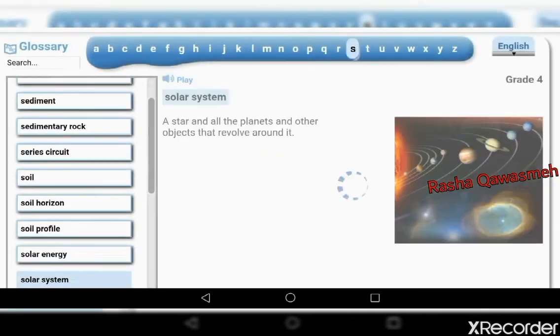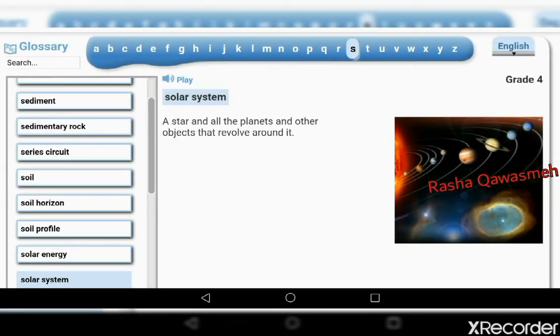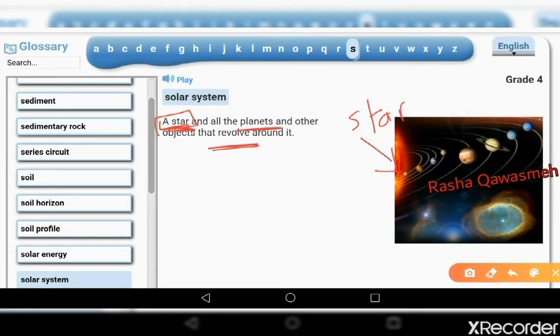Okay, let's start with the solar system. Solar system: a star and all the planets and other objects that revolve around it. So it's a star. This picture shows the star. In our solar system, the star is our sun.